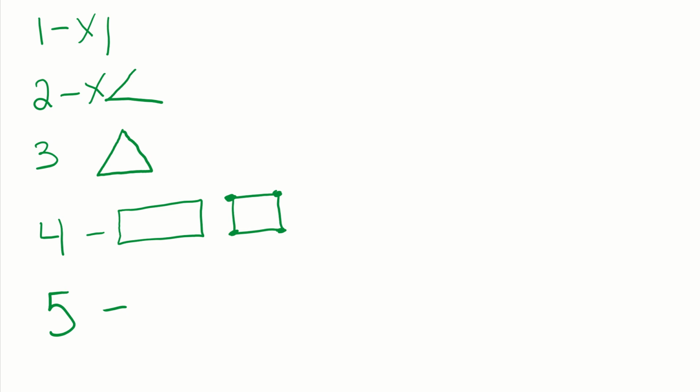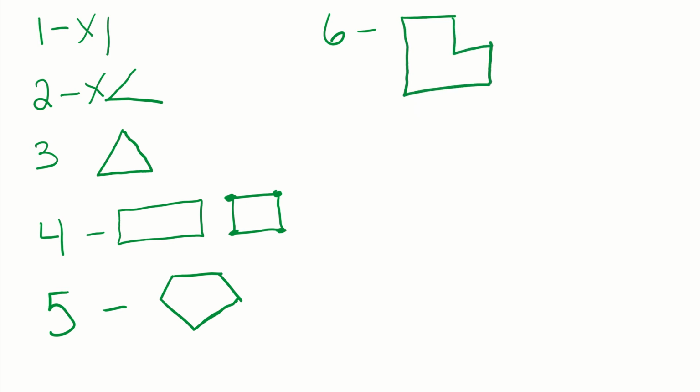Five, if we look at it here, 1, 2, 3, 4, 5, we call this a pentagon. A six-sided polygon, 1, 2, 3, 4, 5, 6, we call a hexagon.